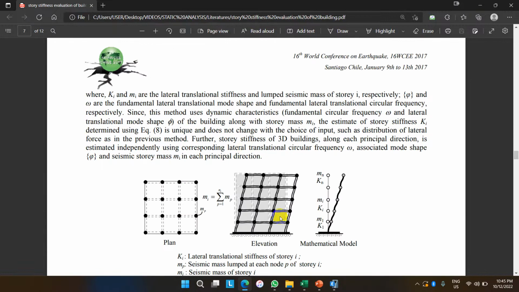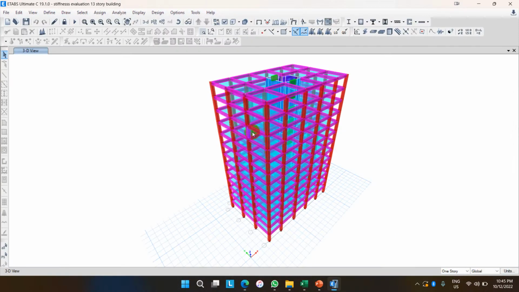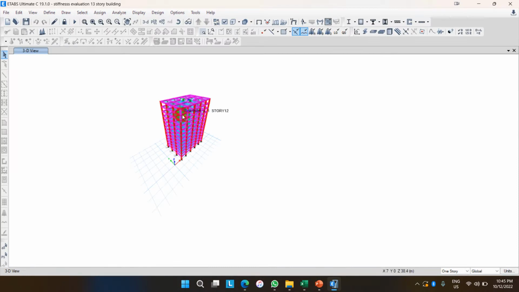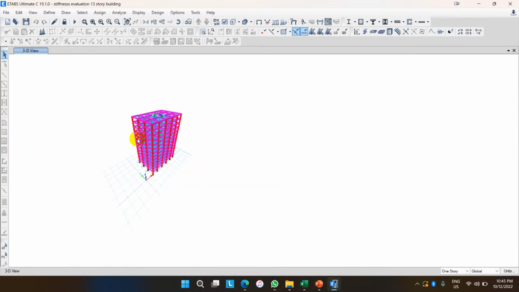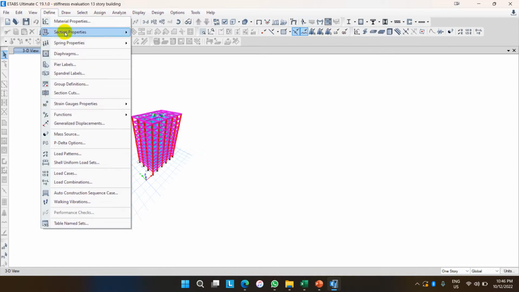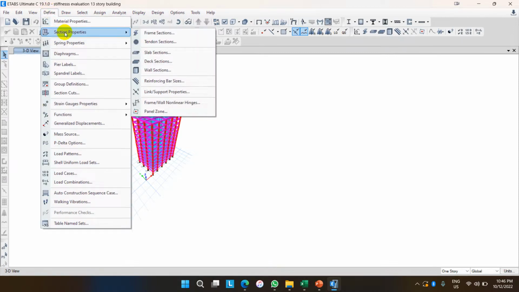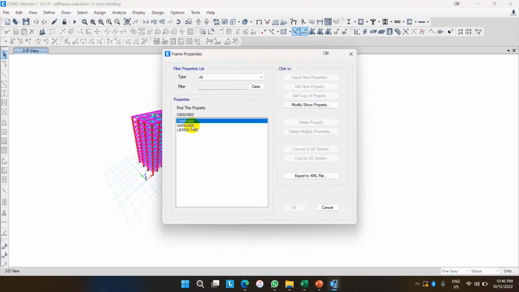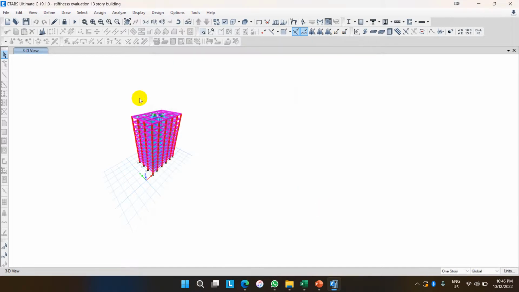So let me turn to the ETABS model. For the detailed ETABS model, I will be explaining in the next video, which will be related to equivalent static analysis. The material has been defined as M30 for vertical structure and M20 for slab, and sections like the column is defined as 600 by 600, the girder or beam is defined as 400 by 600, and the coupling beam is 300 by 1100.